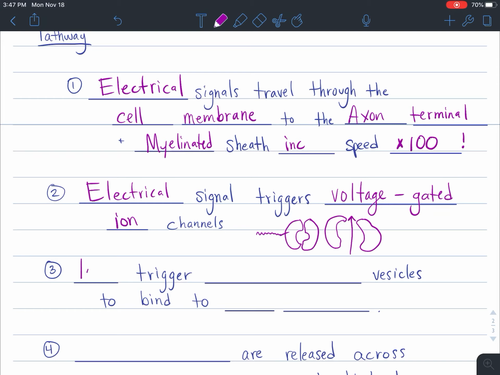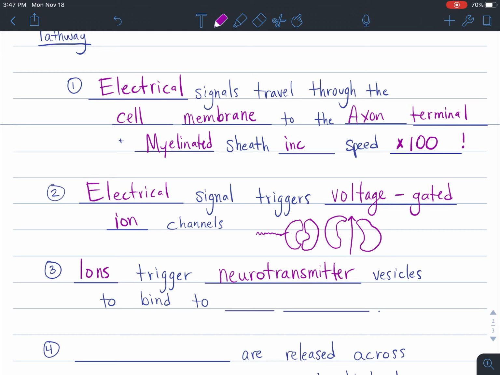Those ions are going to trigger some vesicles. And vesicles are just little tiny pouches inside the cell. So the ions that enter trigger these things that we call neurotransmitters.